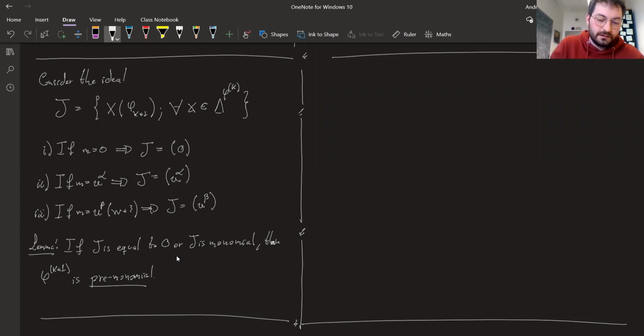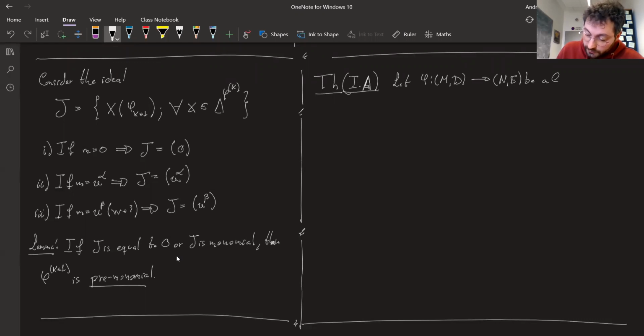So this motivates us to talk about the theorem that I'm going to call 1a. This is going to correspond to that 1a step, the first technical step that now makes sense, which is the following. Let phi from M^d into N^e be a morphism, but now monomial.